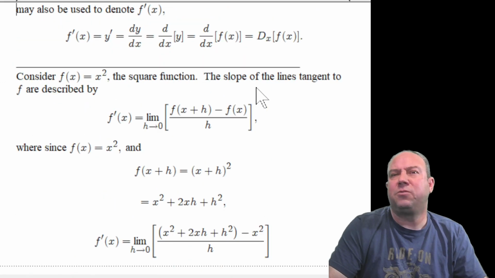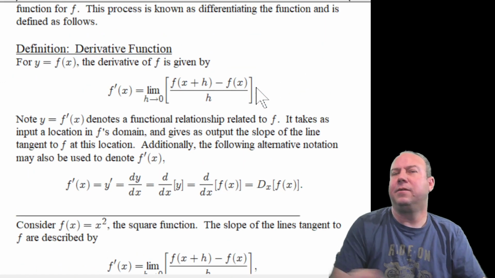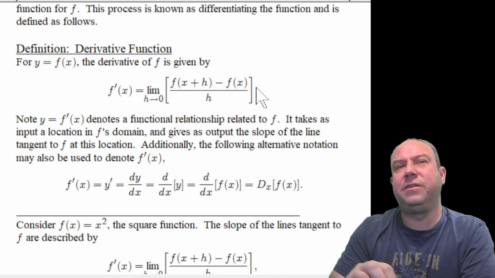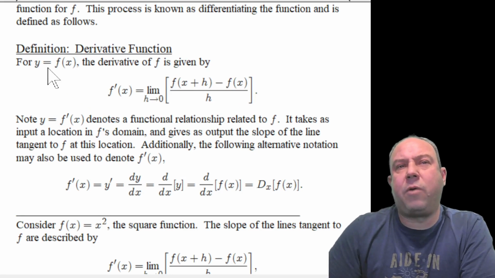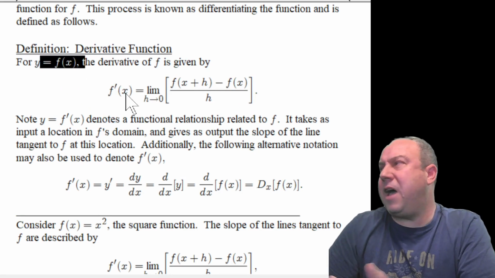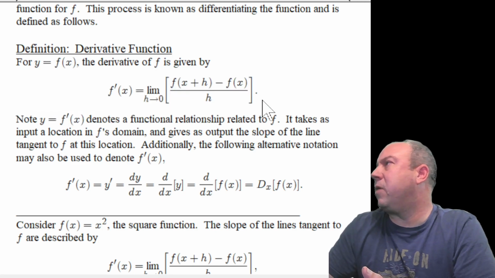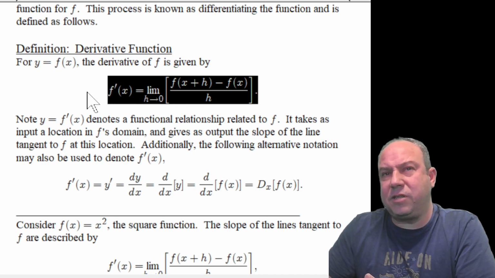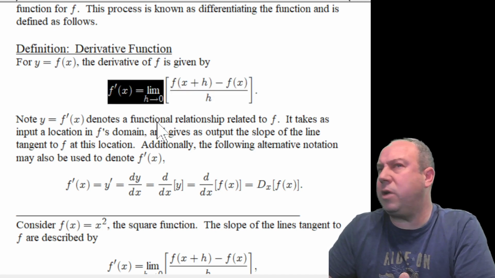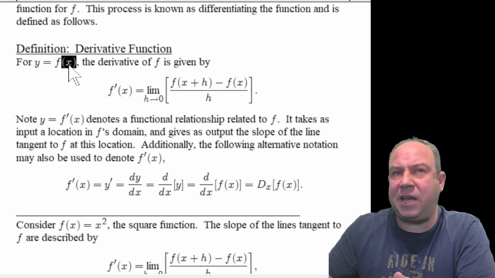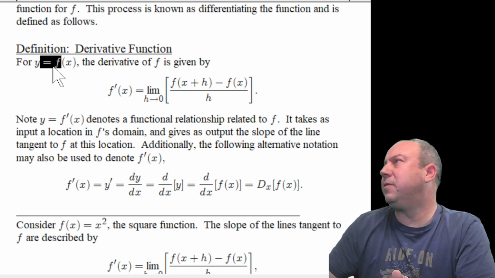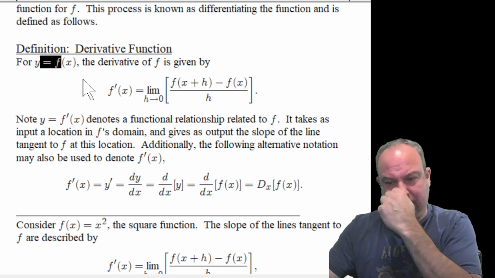It's what we've defined back here as the derivative function. For y equals some function, f of x, the derivative of f is always just given by this limit operation. And what you end up with is a function whose description describes the slopes of the lines tangent to f itself.